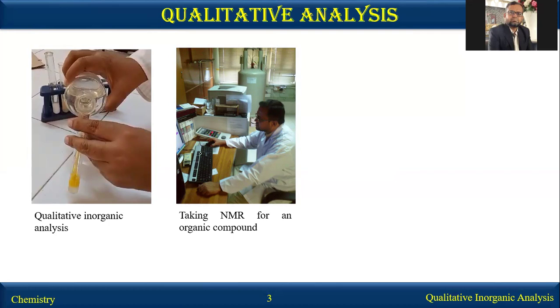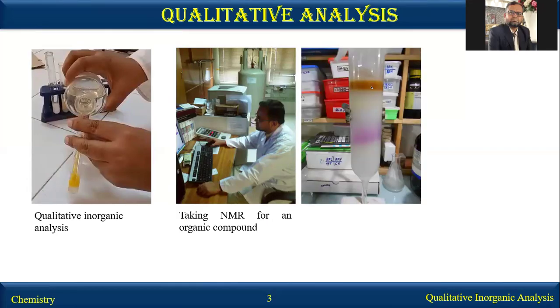These are the components of the NMR setup. So we perform different experiments here, and then we get the spectra from this analysis, and we study them for analyzing and identifying different organic compounds.